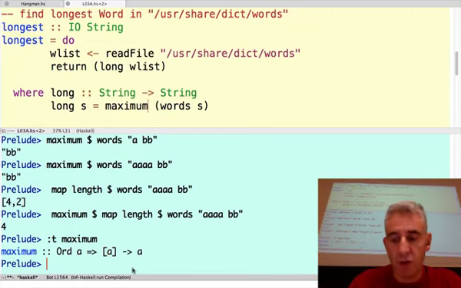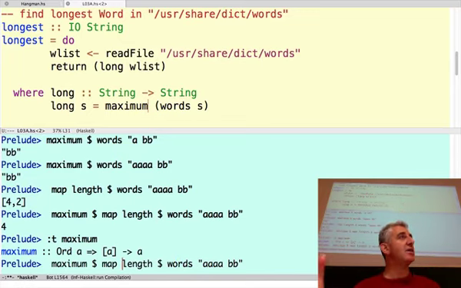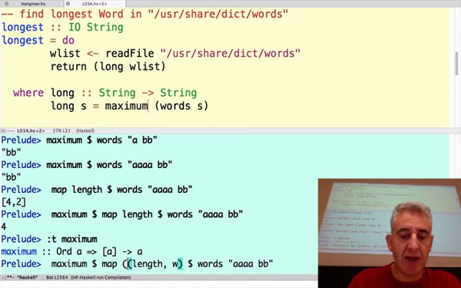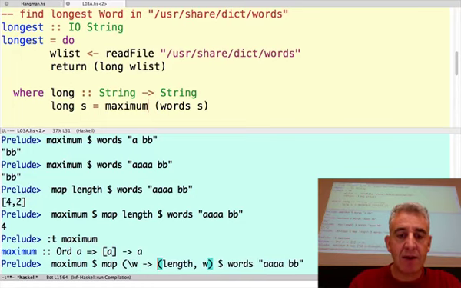So what we could do is, instead of mapping length, we actually can build pairs of things. If we pair length together with the word itself, so we make a function out of this, it takes a word and gives you the length of the word and the word itself.